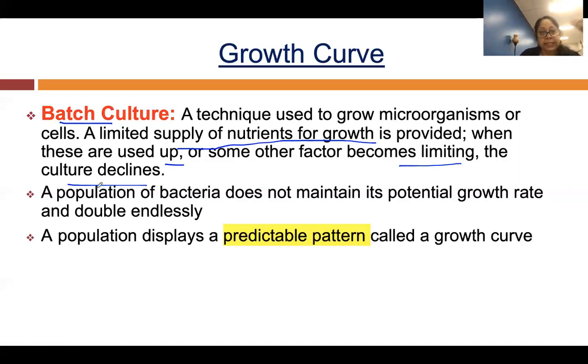And inside that batch culture, we intentionally make batch culture, because inside the batch culture, population displays a predictable pattern, okay? And by seeing that pattern, we can make a growth curve, okay? So that's the purpose.